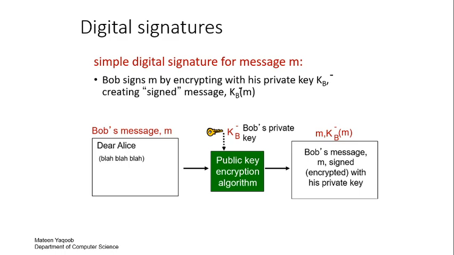This means this document has been digitally signed or created by Bob. Alice will say that she has received this document from Bob because of the digital signature, or the private key, which is being used. So Bob's message is signed with the private key.